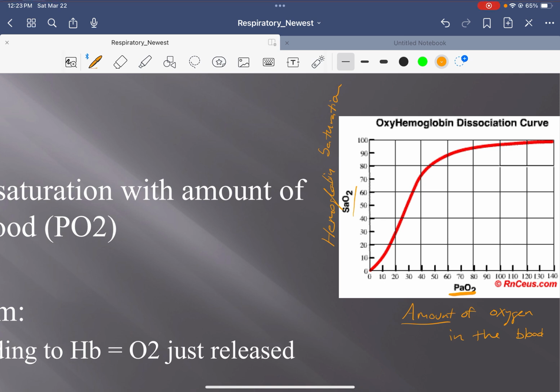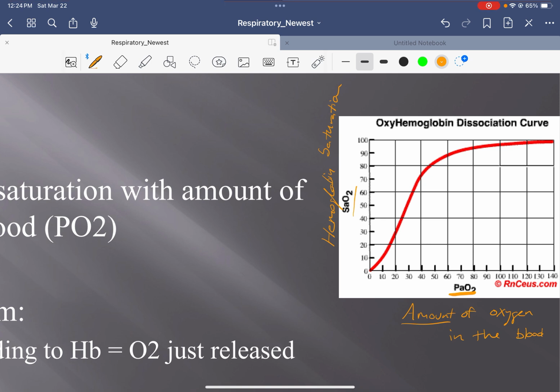So if we say 100% hemoglobin saturation, that means that all 4 spots are taken. So what we're comparing here is the amount of oxygen in the blood with the percentage of hemoglobin saturation.